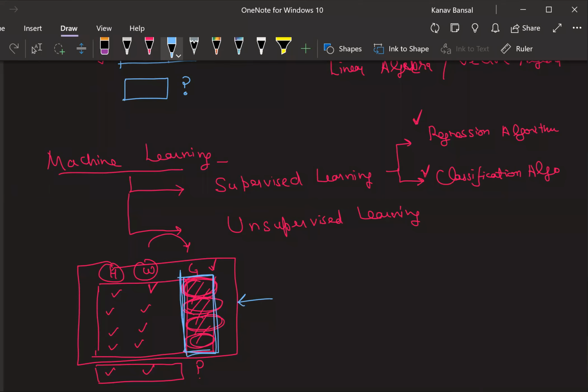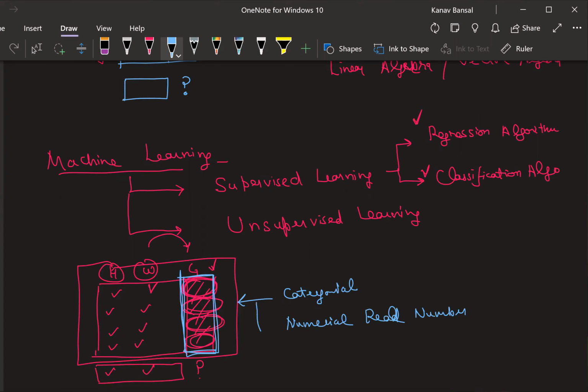Look into that column and see whether it is a categorical column, or a numerical, real valued column.